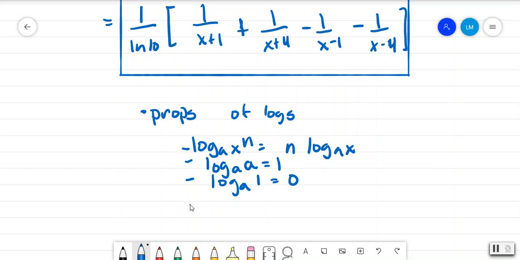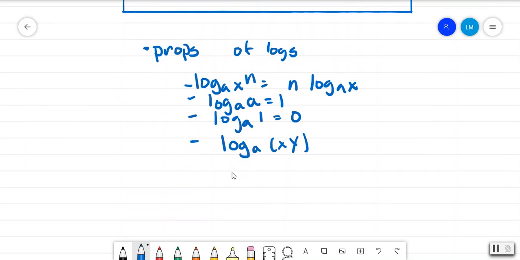And then if you have log base a of x times y, this is the one that goes to addition. And furthermore, if you have log base a of x over y, this is the one that goes to subtraction.